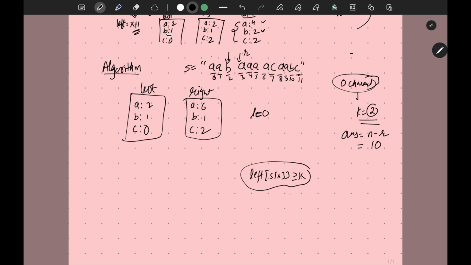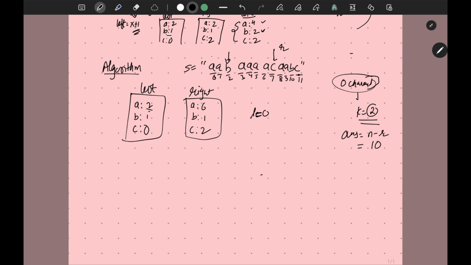So if left of SR is greater than or equal to K, then we need 0 characters of SR. Our SR is A, so we don't need any A characters in the right. So in this case, we can freely move the right pointer, because we already have 2 characters of A in the left and we need only 2 characters.